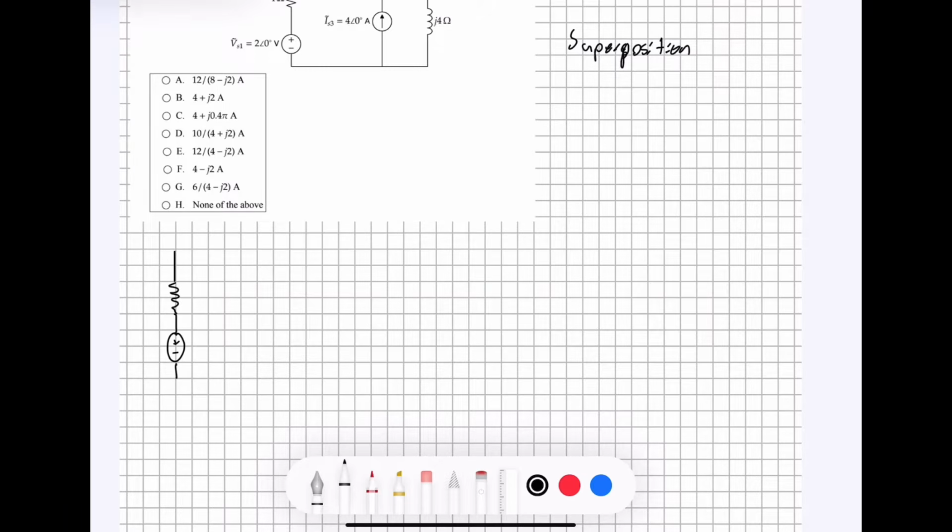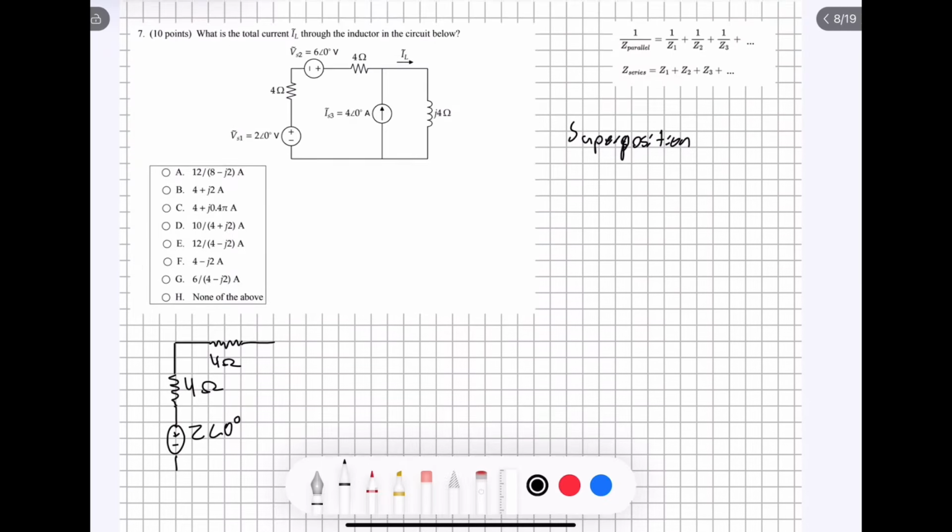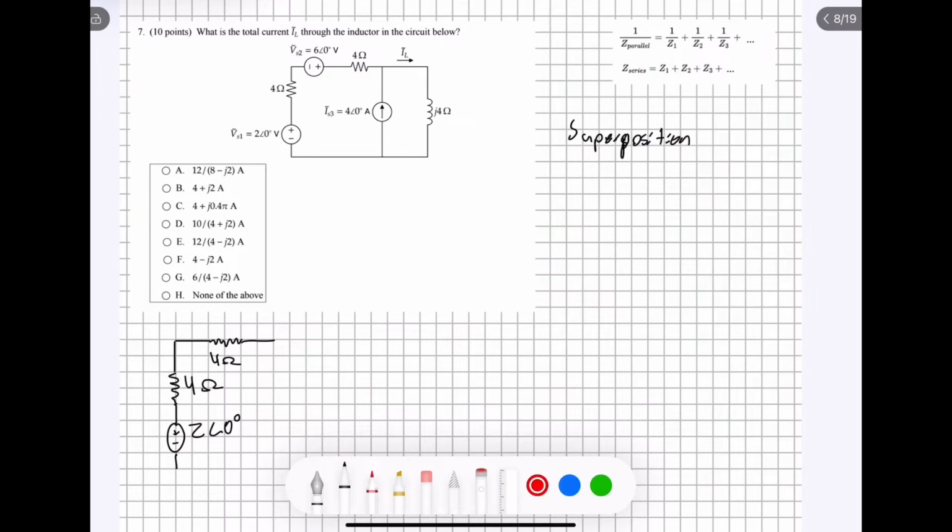This is our voltage source, which we know is equal to 2. Our resistor is 4 ohms, of course. Another 4 ohm resistor here. And remember, when we are turning off voltage sources, they become short circuits. And when we are turning off current sources, they become open circuits.